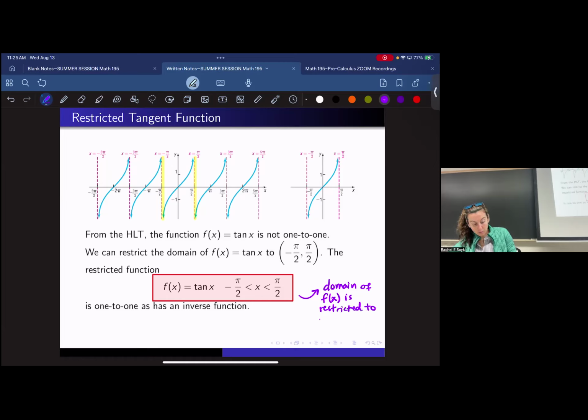And there are no hard brackets because these are our vertical asymptotes, so our points are never going to hit at negative pi over 2 or pi over 2. But this is equal to our range of our inverse function. So inverse tan.